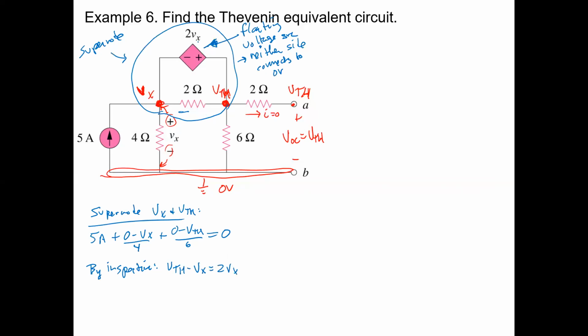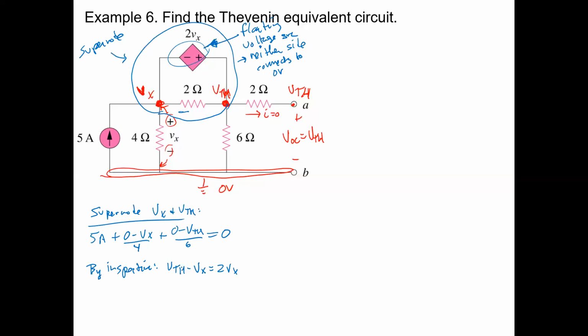This is just enforcing a potential difference between these two nodes of 2Vx, and that difference is also VTH minus Vx. If you want to find the voltage drop across the 2 ohm resistor, it is VTH minus Vx, and so the current is VTH minus Vx over 2 going to the left. 2Vx over 2 ohms would be that current.